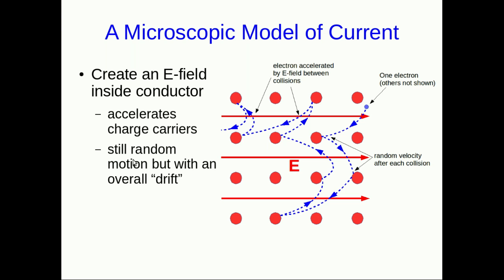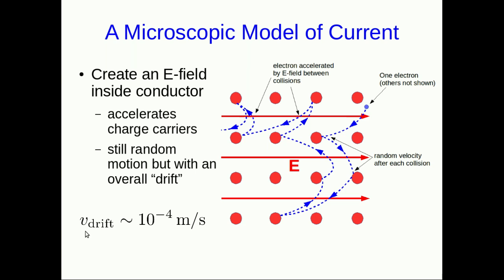So they're still going to carry out the random motion that they always do. They're going to bounce about, bouncing off other things, but that constant acceleration for an electron in the opposite direction to the electric field, because the electron is negatively charged, is going to cause the charge carriers to gradually drift, so that superimposed on that random motion is a slow drift in some direction.